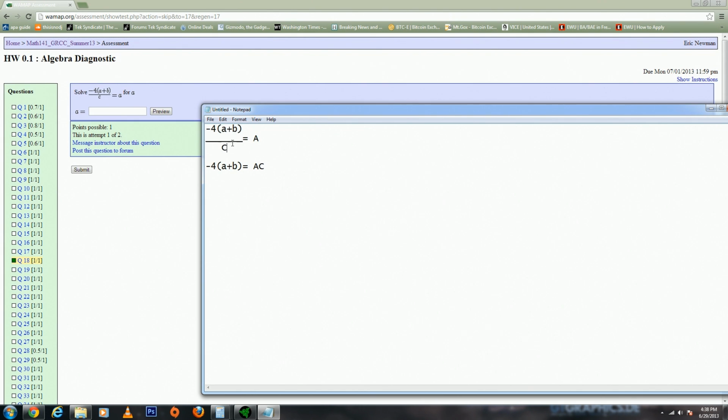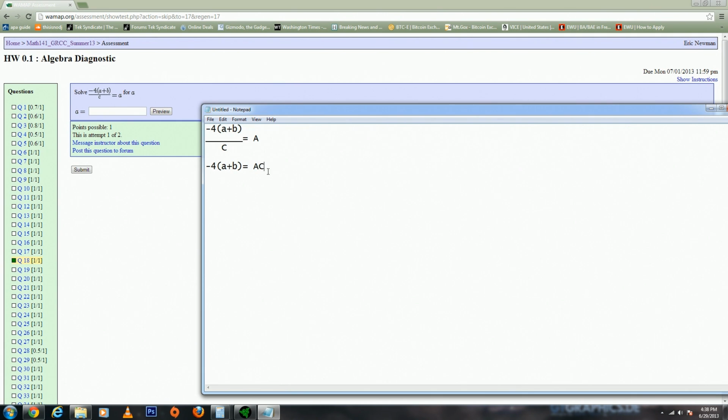You multiply one side and then the other side. It's a golden rule: what you do to one side, you do to the other.